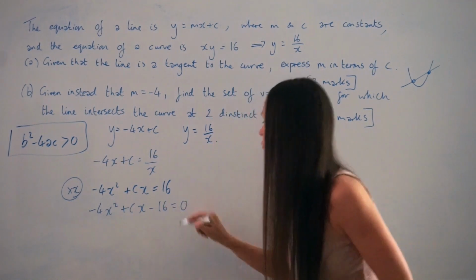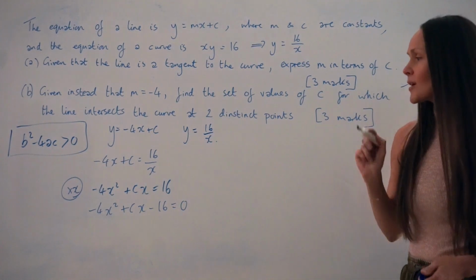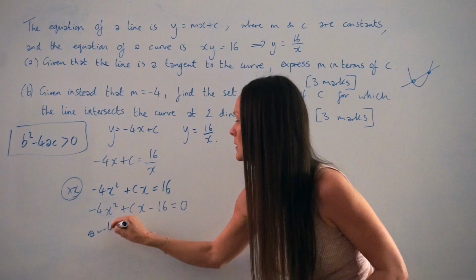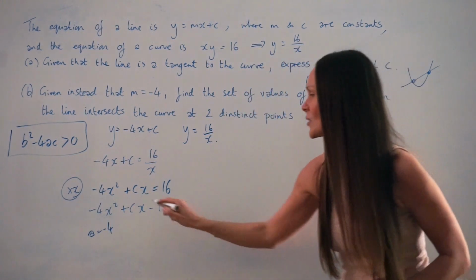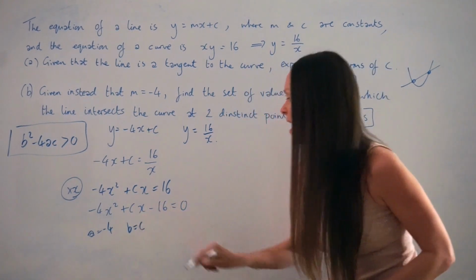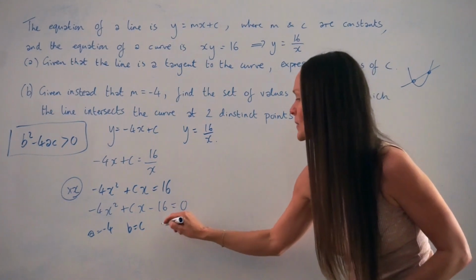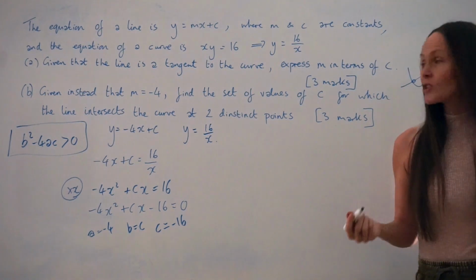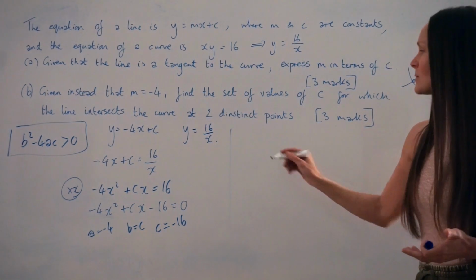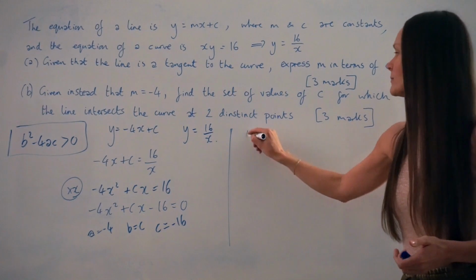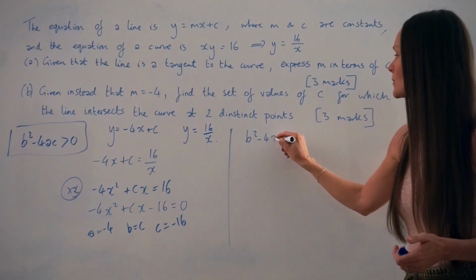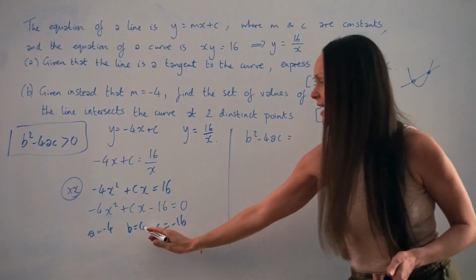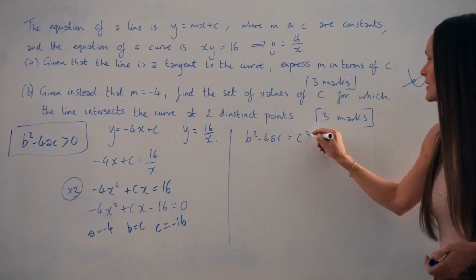So now I can choose my values a, b, and c. a is in front of the x squared, so a is negative 4. b is in front of the x, so b is equal to c. And c is the constant at the end without the x, so c is equal to negative 16. So remember, the discriminant is b squared minus 4ac. Okay, so this is what we're trying to work out. Our value of b is now equal to c, so we've got c squared.